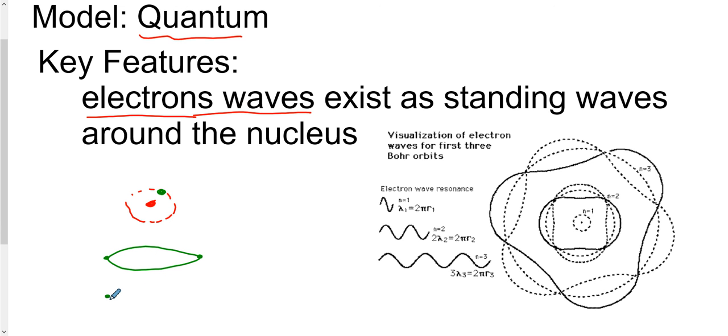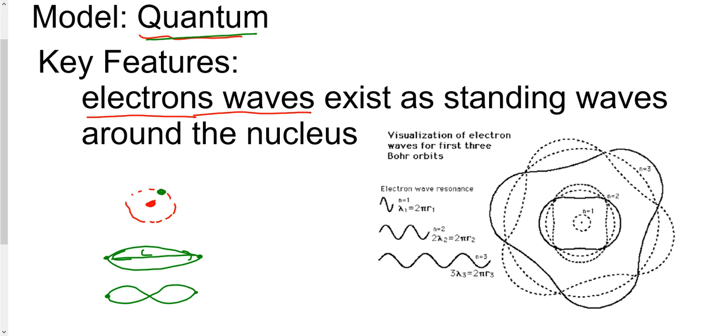Then we could increase the frequency of our wave, and we ended up with a second standing wave that looks something like this. So the quantum model asks you to consider that each of the energy levels represents a distance around the nucleus through which we could get a standing wave. So we get a certain length for a standing wave here.